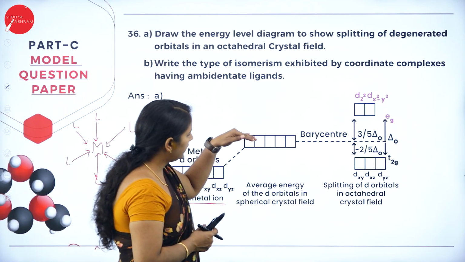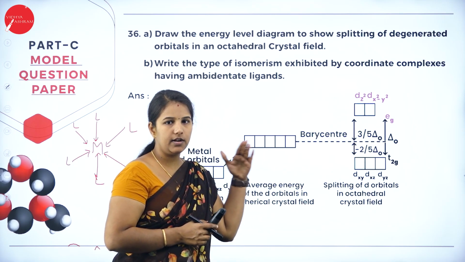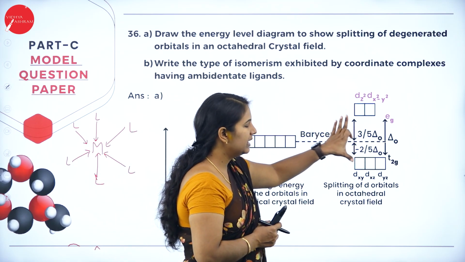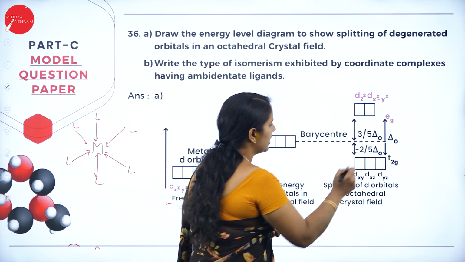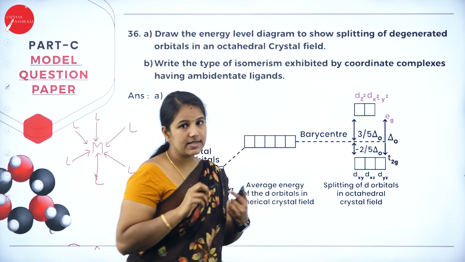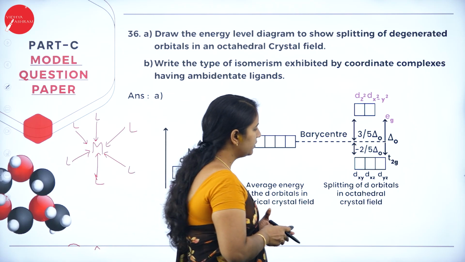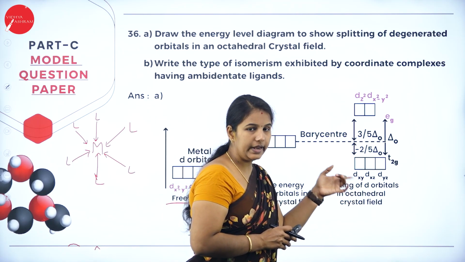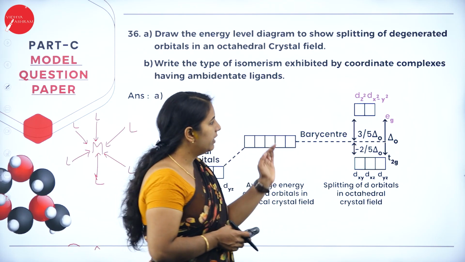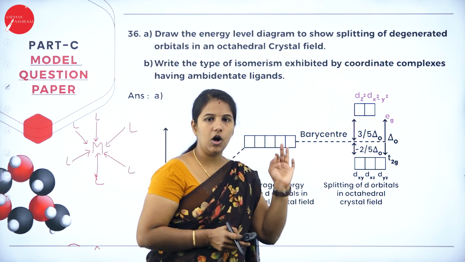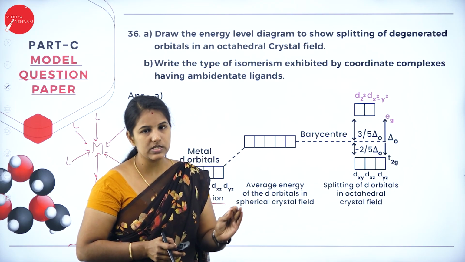So the degenerate orbitals will split to give 2 different energy levels. One is known as t2g and the other is known as eg. In t2g, you always have dxy, dyz and dzx, whereas in the eg level, you always have dx square minus y square and dz square.